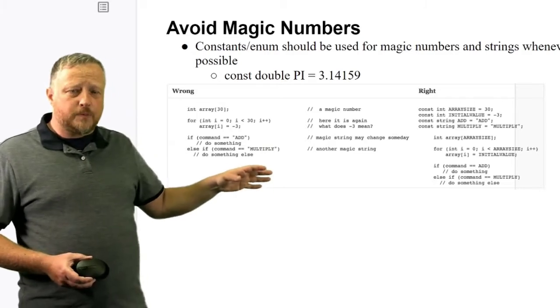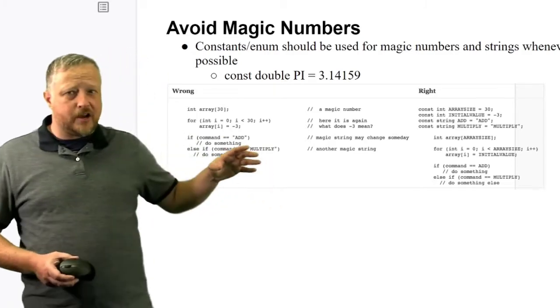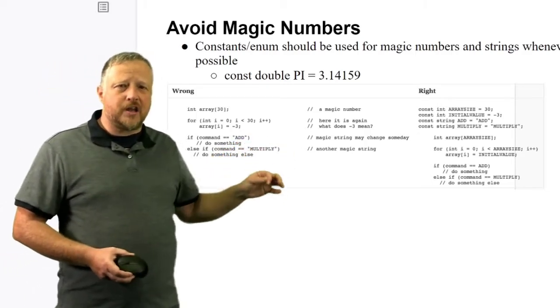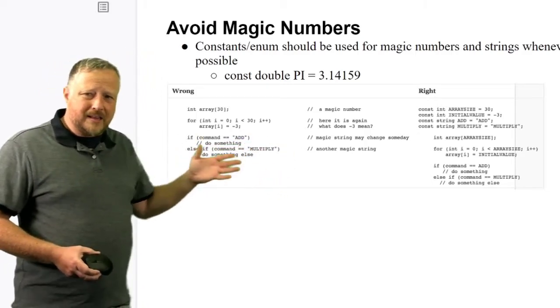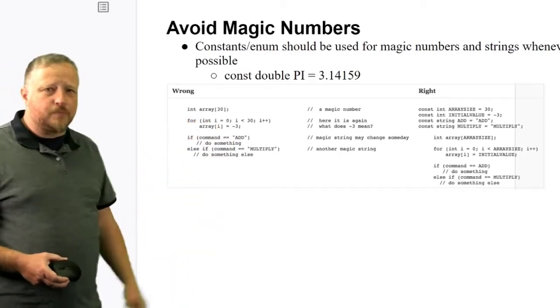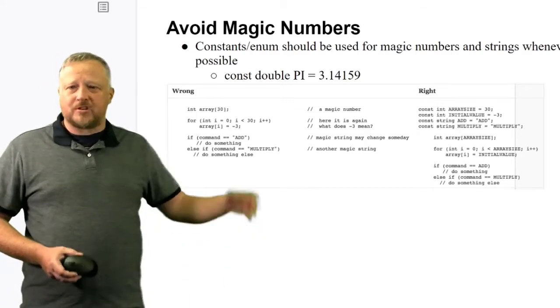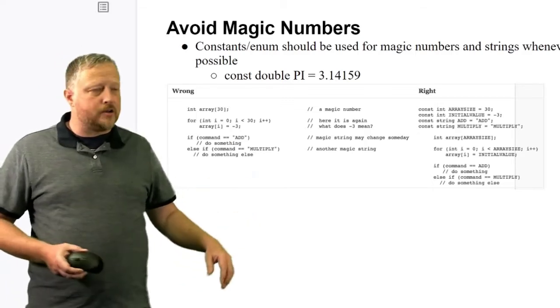Now we know what 30 is, and it just took one extra line to figure that out. But also, the nice part is, pretend for one second that we had to change that number. In this example, let's say 30 is used throughout the program and needs to be changed to 35. Maybe something happened, inflation, who knows.